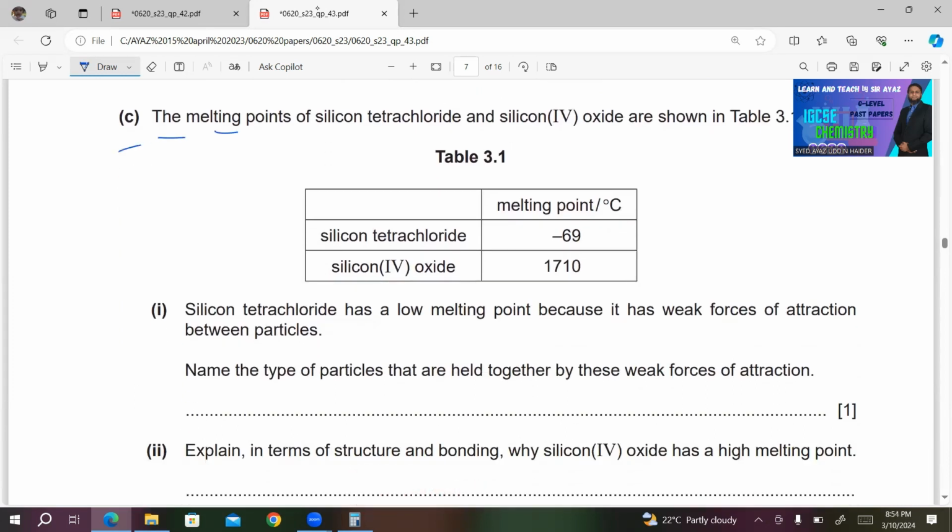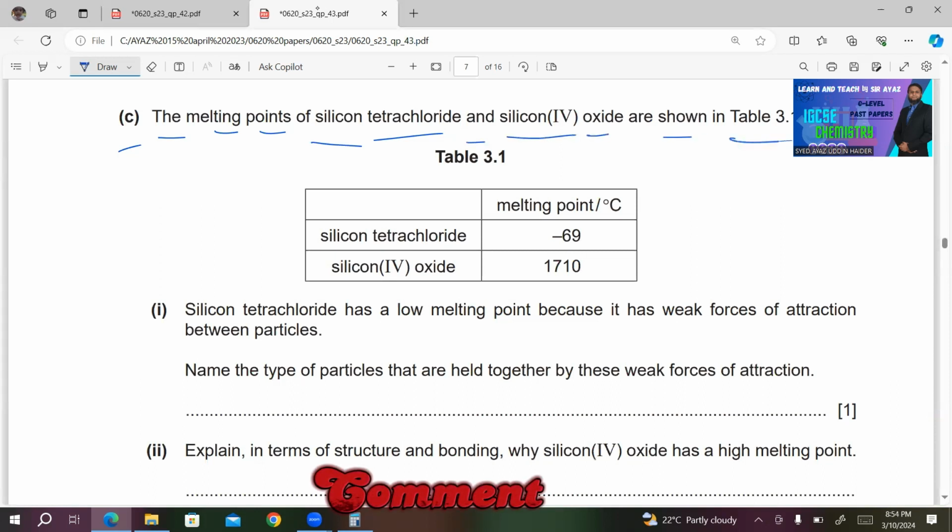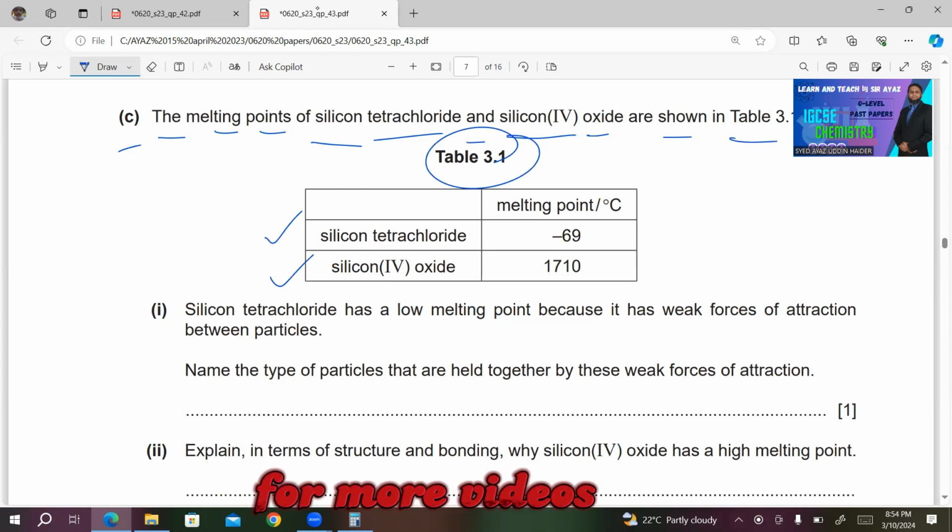C, the melting points of silicon tetrachloride and silicon 4 oxide are shown in table 3.1. The melting point of silicon tetrachloride is minus 69 degrees centigrade, and silicon 4 oxide, it's 1710 degrees centigrade.